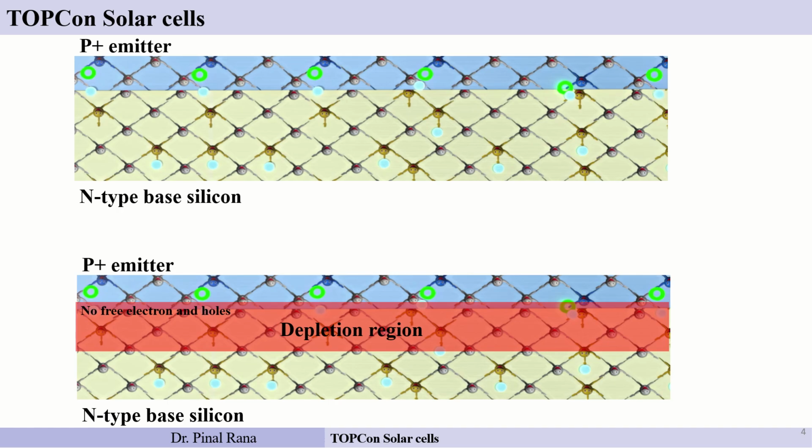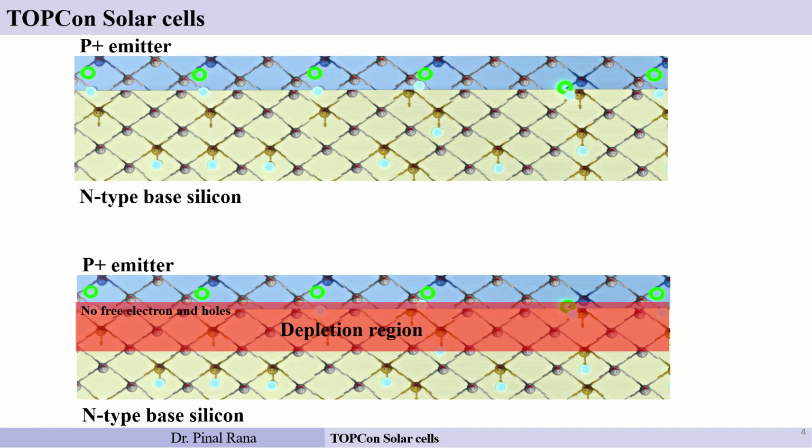That is another question raised by people. Definitely we can also use P type silicon for TOPCon and N type silicon for PERC, but this is the most common practice by the industry. Why? Because P type silicon is easy to produce and it is less costly.